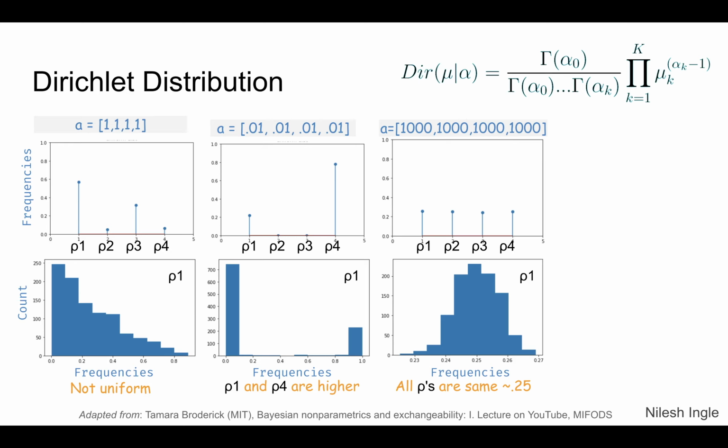So in this case, they would be 0.25. And if we pull row 1 and sample it several times, we get this nice Gaussian looking curve for the probability distribution.